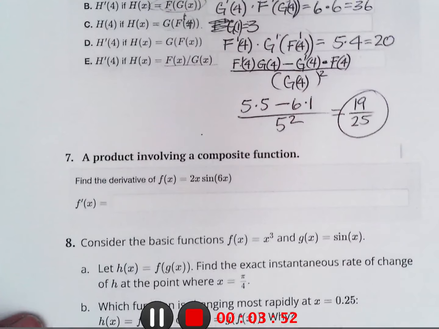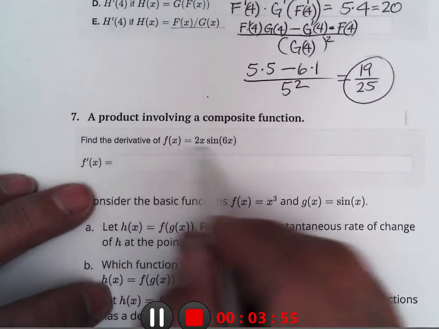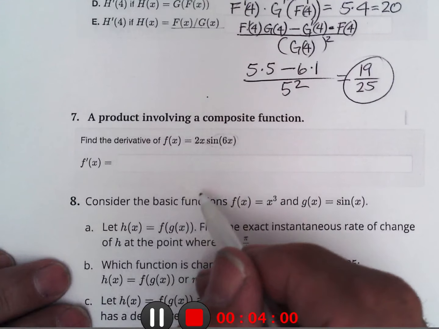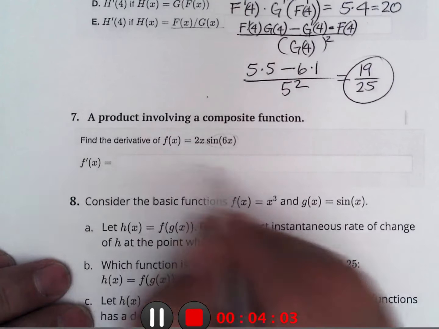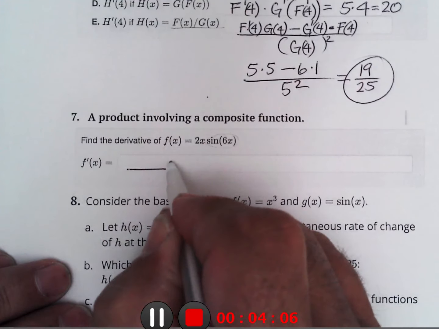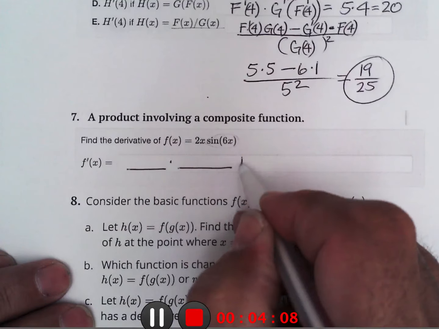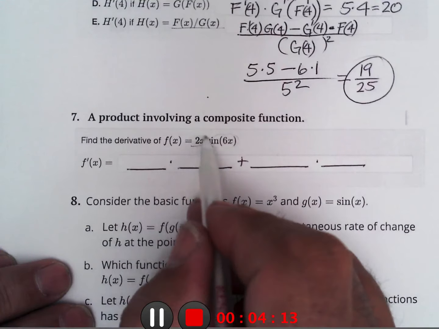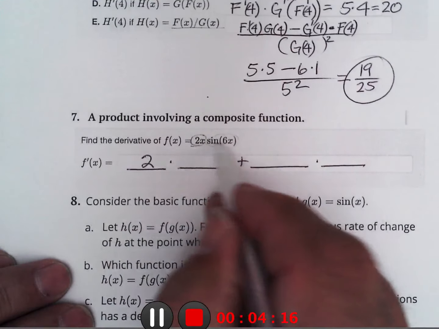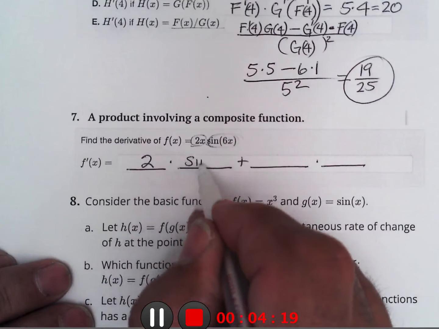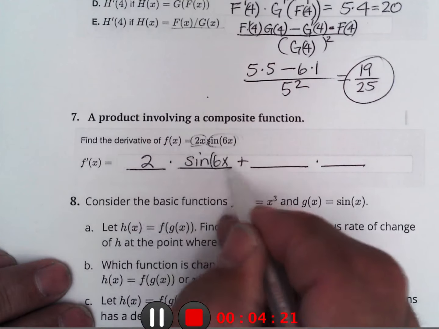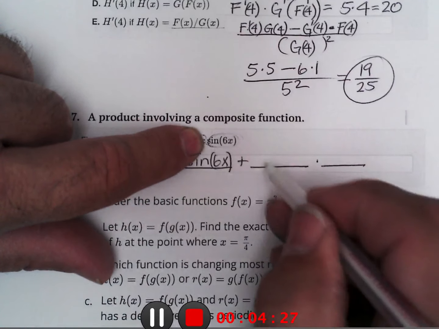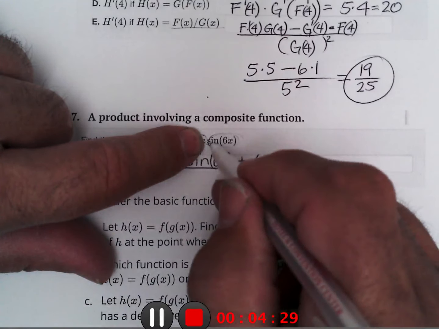7. We have a product and we have a composite function on this piece. So the product rule is derivative of the first times the second plus derivative of the second times the first. Derivative of the first is 2 times the second plus the derivative of this, and inside we have a 6x, the derivative of 6x is 6 times the derivative of the bigger picture.